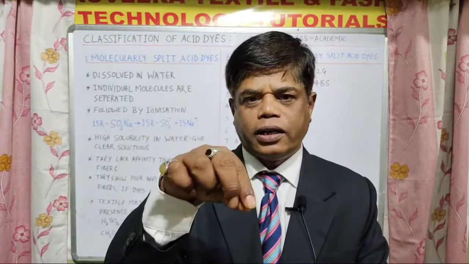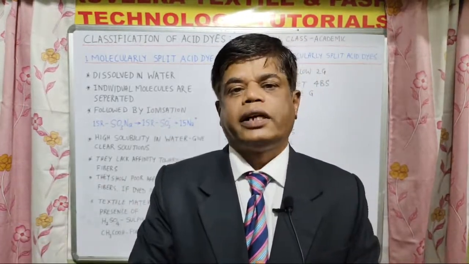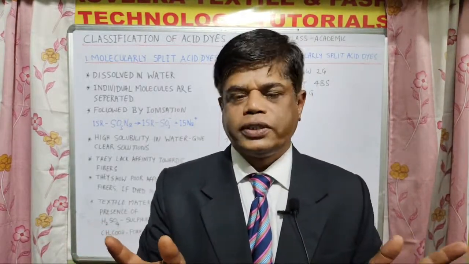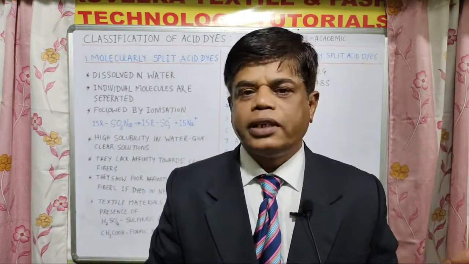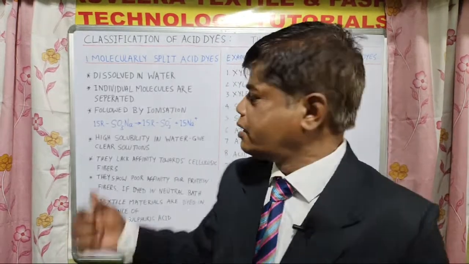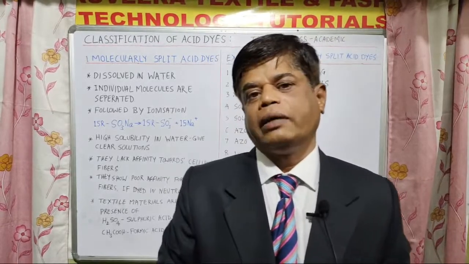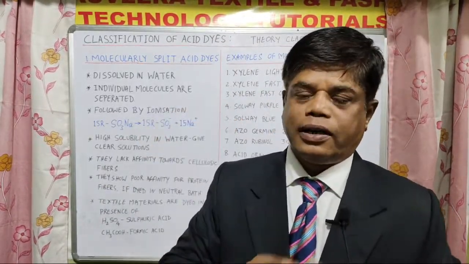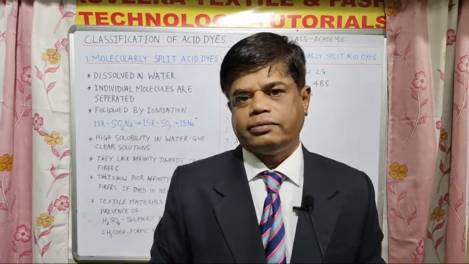If you add salt, iodized salt, whatever commercial salt, or sugar, complete dissolution takes place, and the container seems like clear solution. Like that, here also high solubility means the solubility capacity is more for this kind of dyes. So no residue will be there at the bottom of the dye bath.